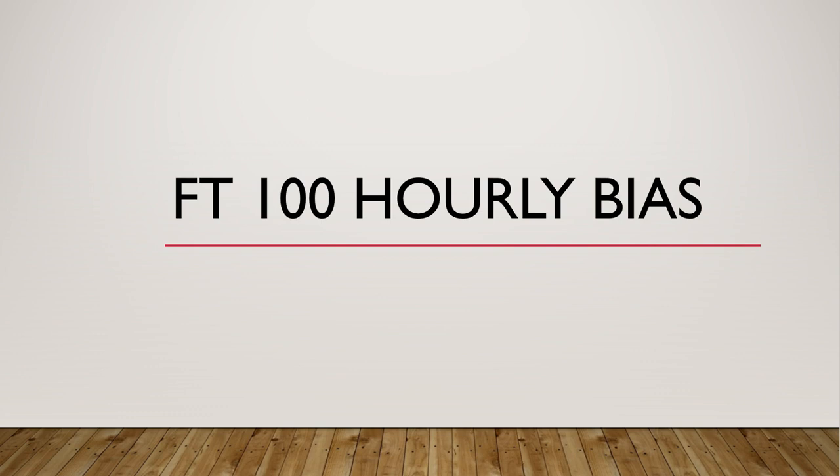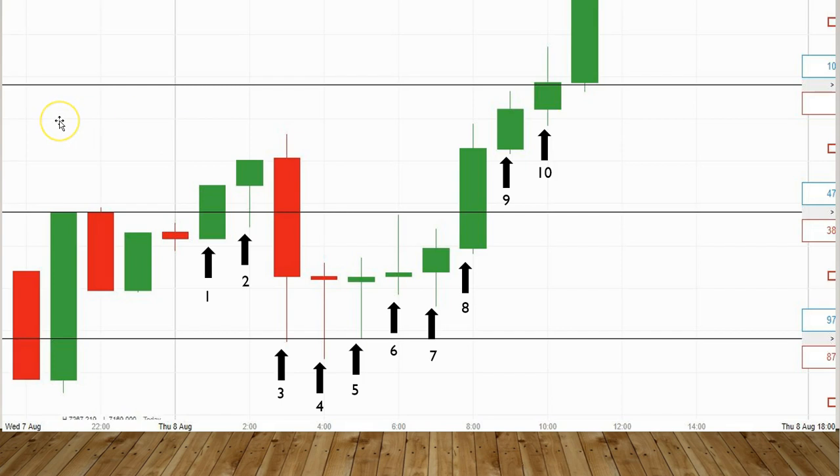I'd like to share the statistics or the probabilities that I'm seeing here, and I want to put it out to the masses. If somebody can figure out a good way of using it, I'd certainly like to know about it. But nonetheless, let me show you what I have found. Let's start off and take a look at the FT100 chart.